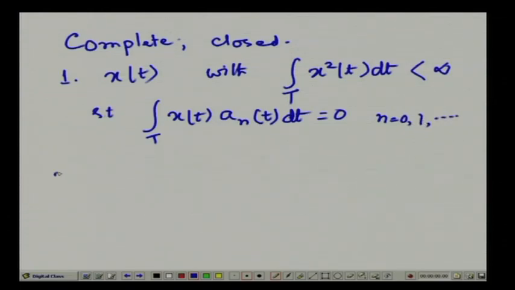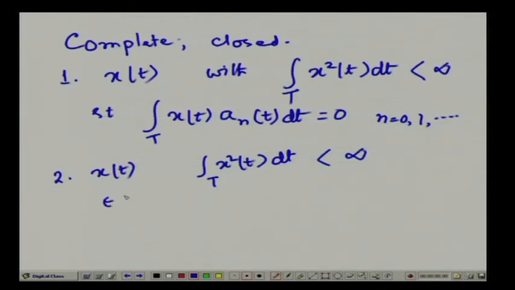And the second condition is that for any piecewise continuous signal x(t), with the same condition of finite energy, that is integral x square t dt over capital T must be less than infinity.